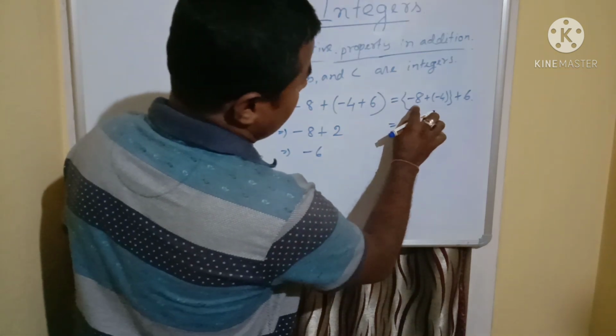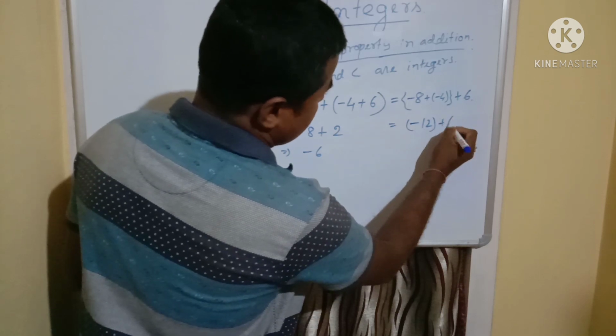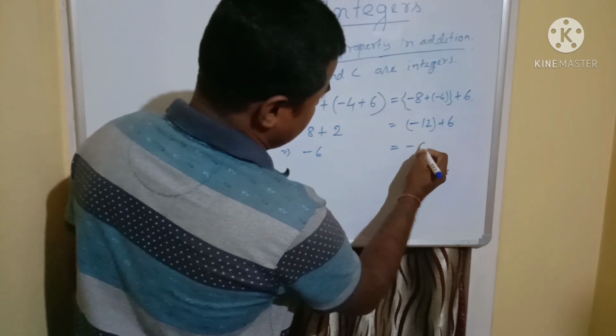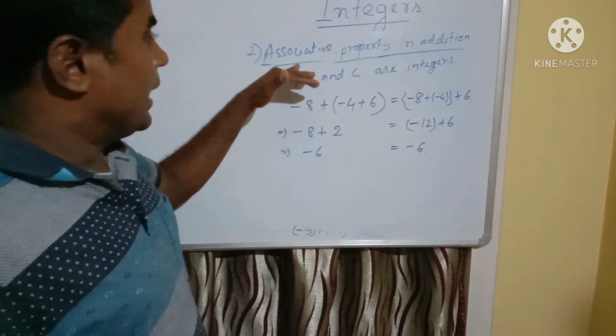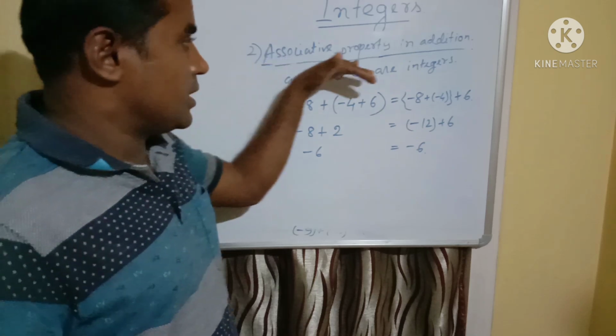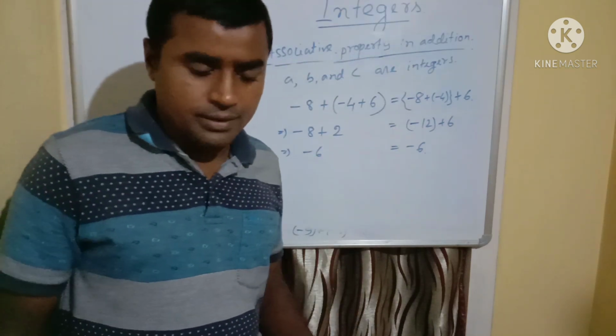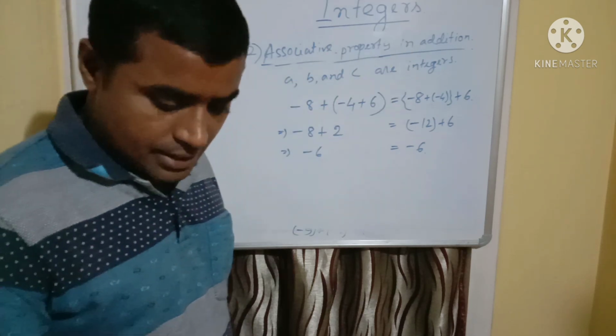Here minus 8 minus 4 is minus 12, plus 6 is minus 6. So integers are closed under the associative property in addition.